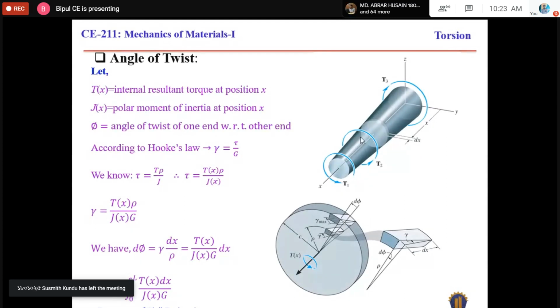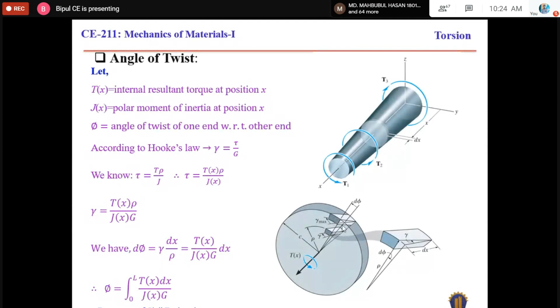If we take a small segment anywhere in the shaft and draw it on a larger scale, then this figure shows the section of this small element on the larger scale.